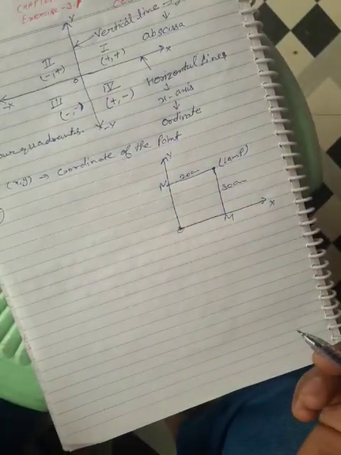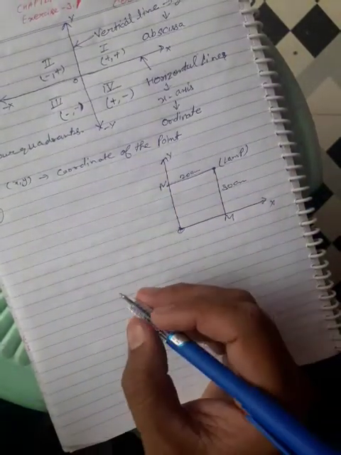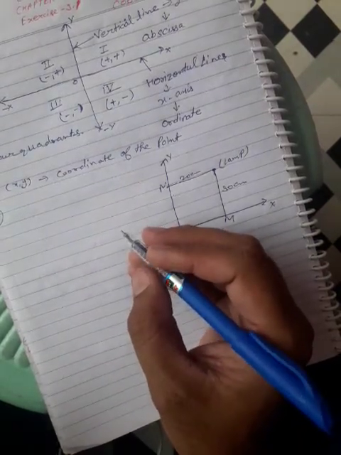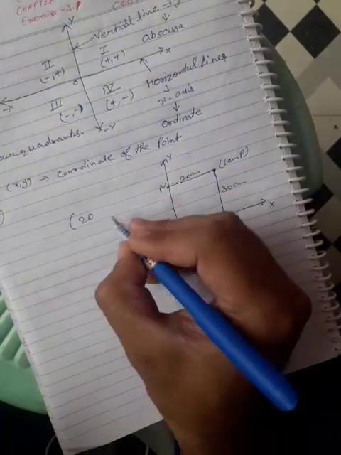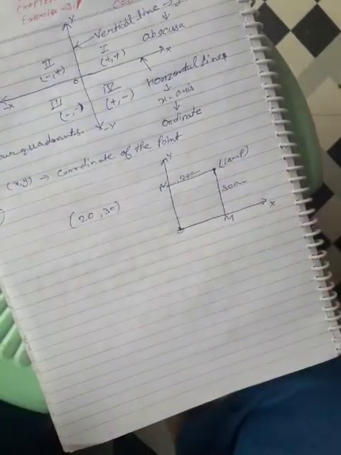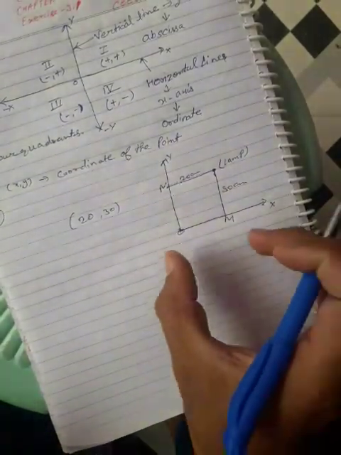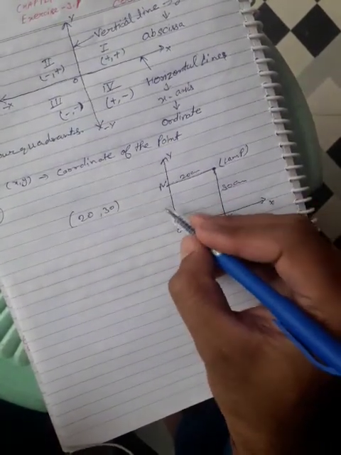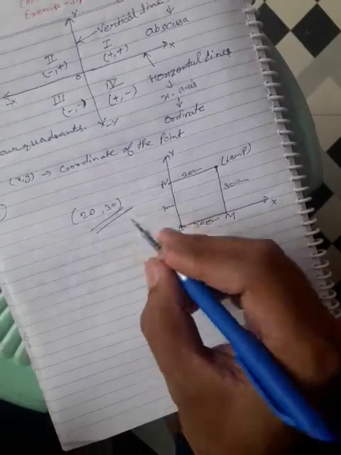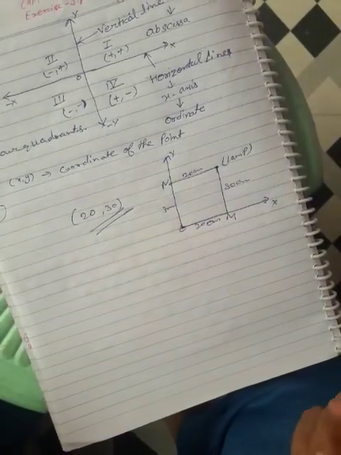Thus the position of the lamp P referred to OX and OY is 20 and 30. For x we have 20 centimeter, and for y we have 30 centimeter. This is the coordinate. Okay.